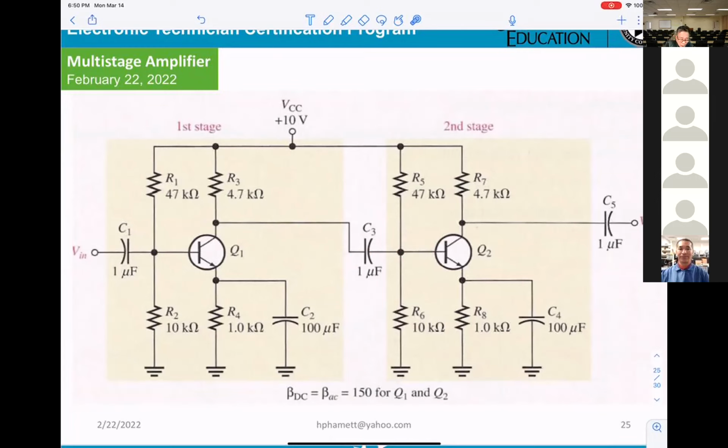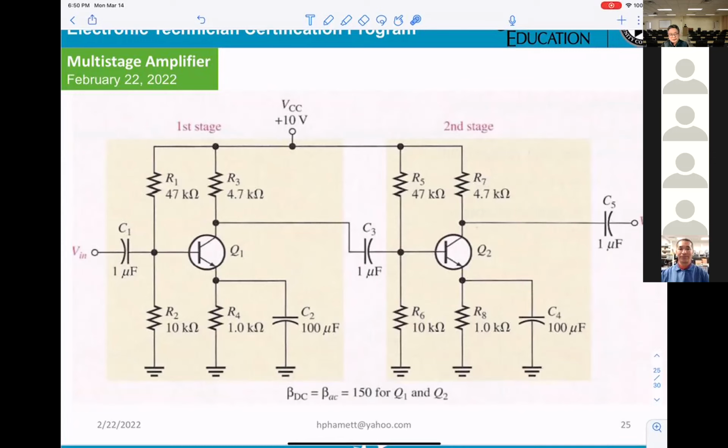If you get a sine wave at V in and the output here is also a sine wave, they have to be in opposite direction. The same thing when they go to Q2, the output will be opposite to the base of Q2. So V in and V out will be in phase. That's what you're working on; they call it AC coupling.